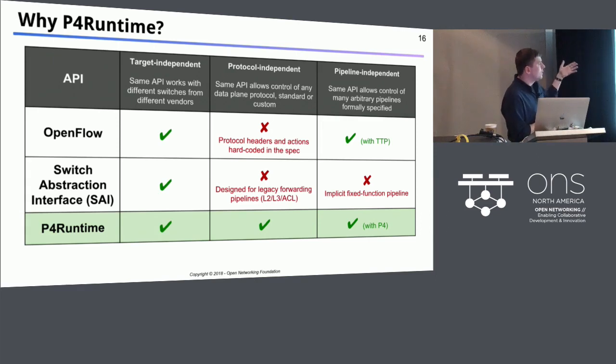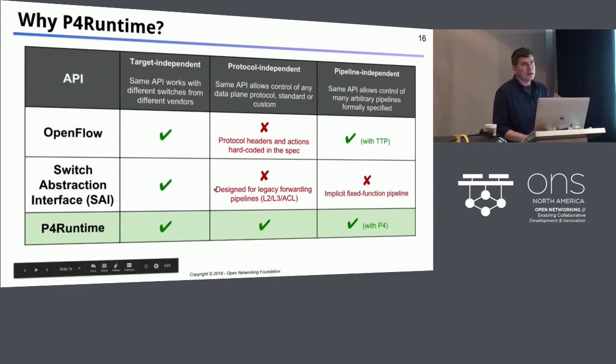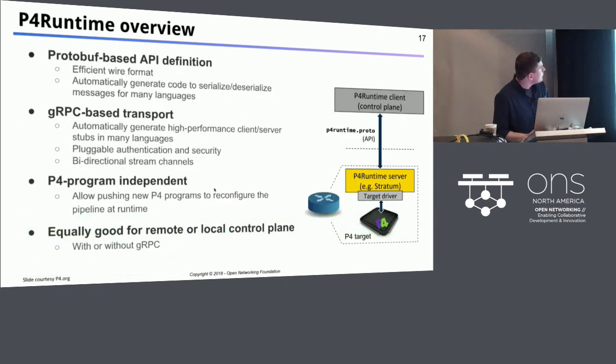In this case, OpenFlow, in the very end, attempted to do that and accomplished it using something called TTP, and there's no such thing in PSI. Well, the answer to the question of why P4Runtime is clear, because it's needed to enable these three characteristics. That's what we need.